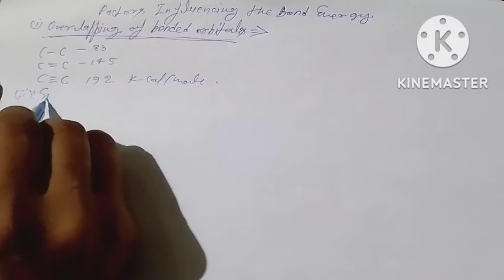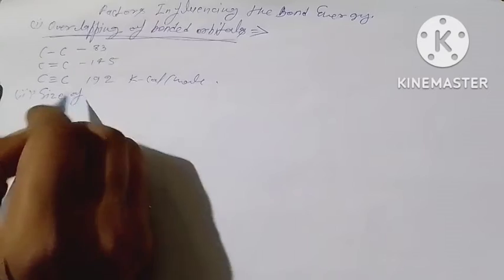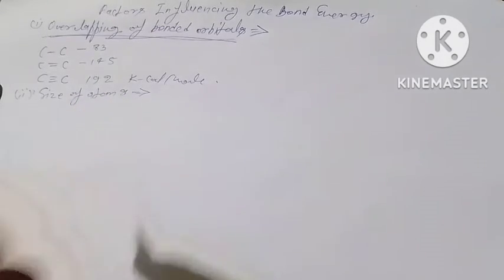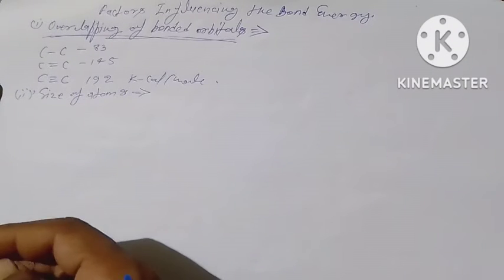Second is size of atoms. Okay. Bond energy will be more the smaller the size of atoms.